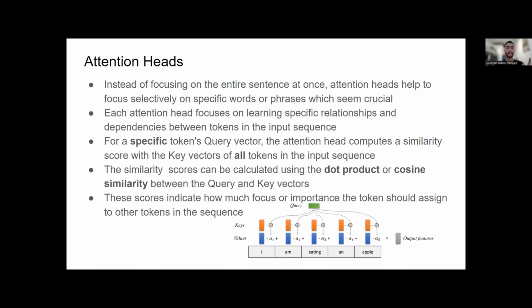Each attention head specializes in learning specific relationships and dependencies between tokens in the input sequence. How does it work? Well, for a particular token's query vector, the attention head calculates a similarity score with the key vectors of all the tokens in the input sequence and gives you a probability of similarity scores for every word in the sentence.